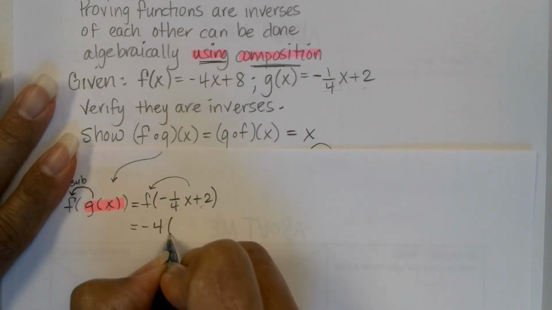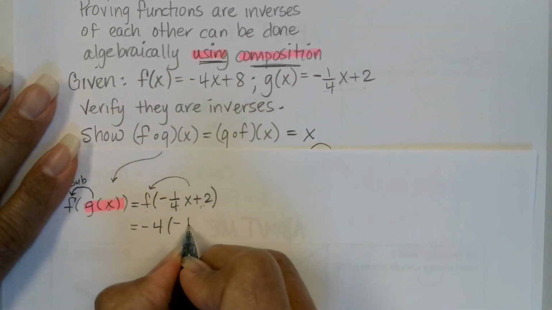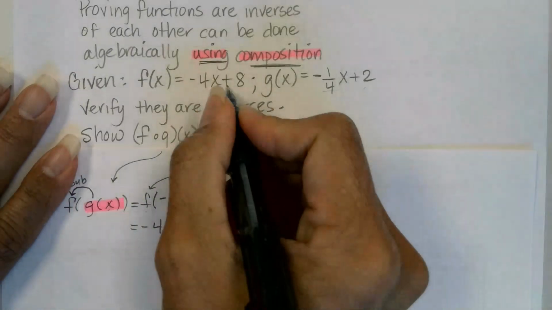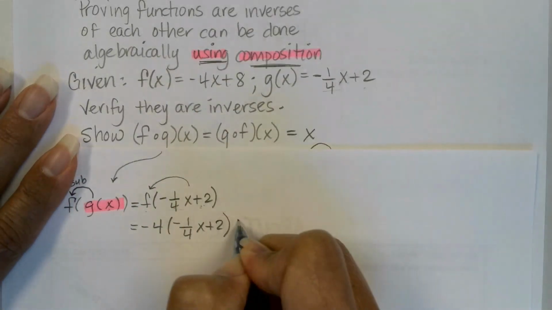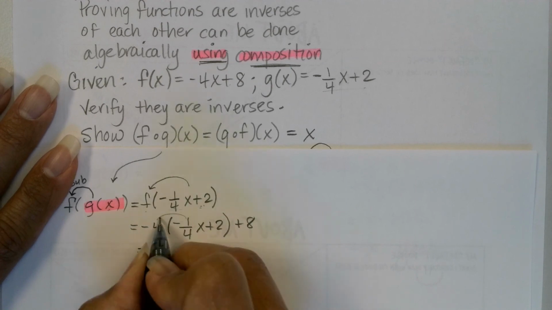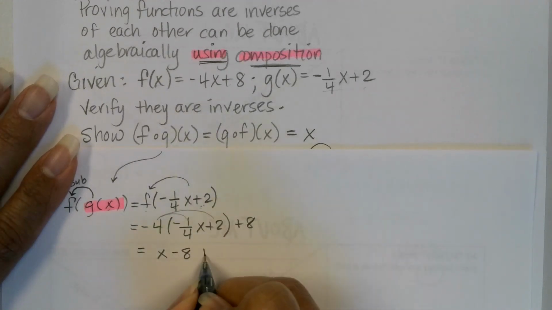-4, open parentheses, I'm getting rid of this x and replacing it with -1/4 x plus 2, and then I have a plus 8. Now I'm going to simplify. Distribute, that becomes an x, distribute, that becomes a -8, and the positive 8 comes down.